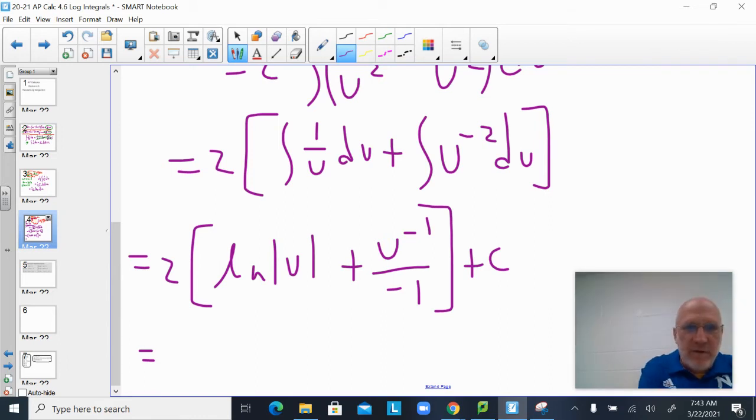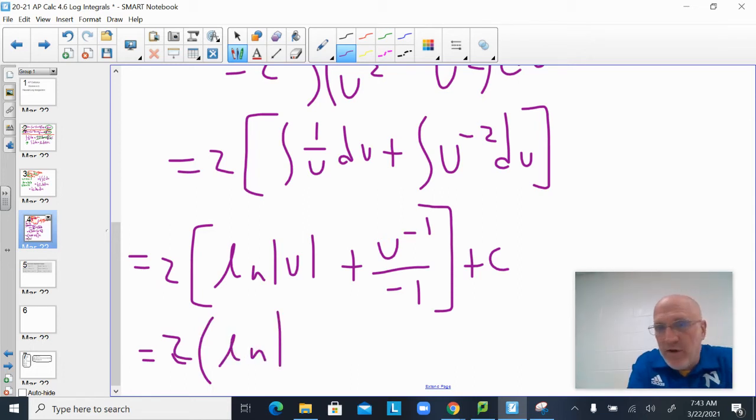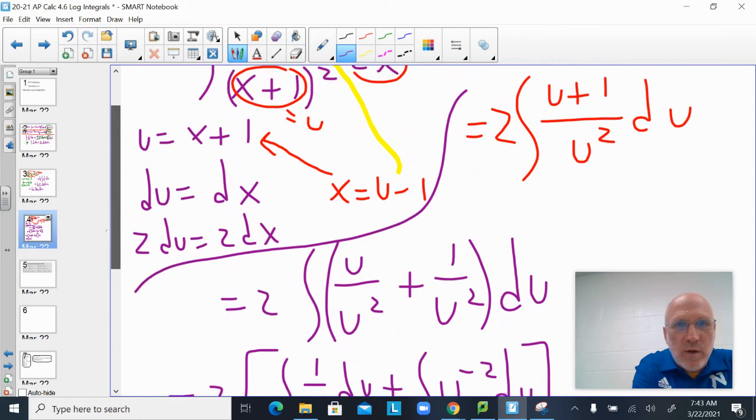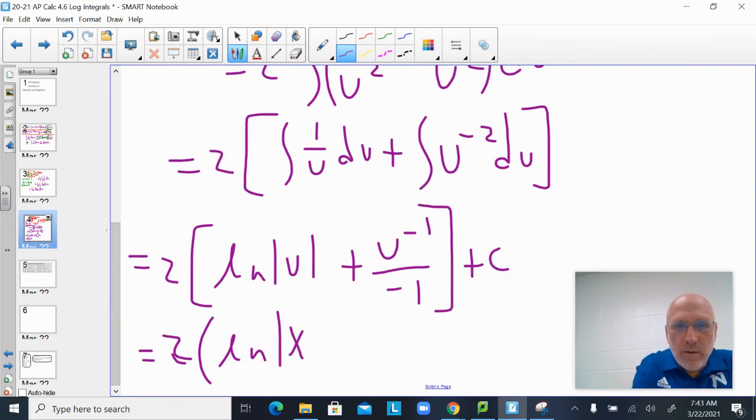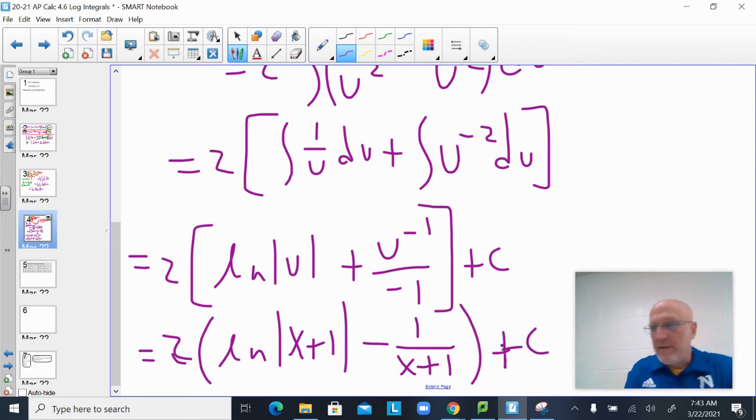I'll leave it out front. This is the natural log of the absolute value of, remember, whatever u was, x plus 1. And then this cleans up to minus 1 over x plus 1, plus c. So that really did turn out to be a natural log antiderivative, at least part of it was. So there's your second example.